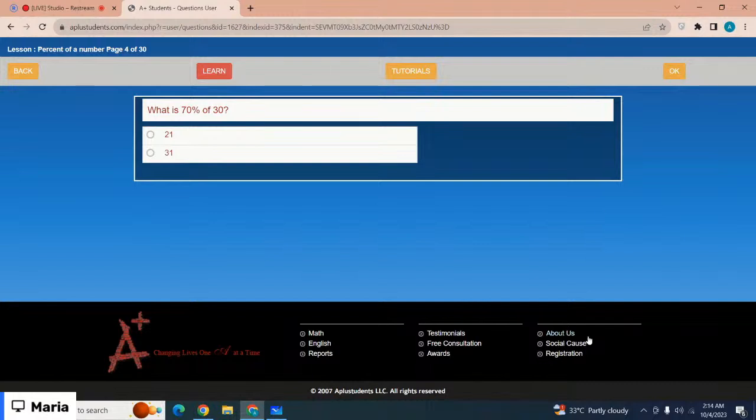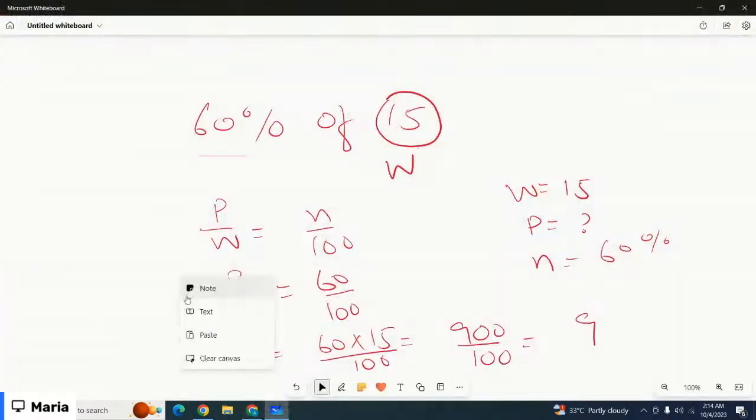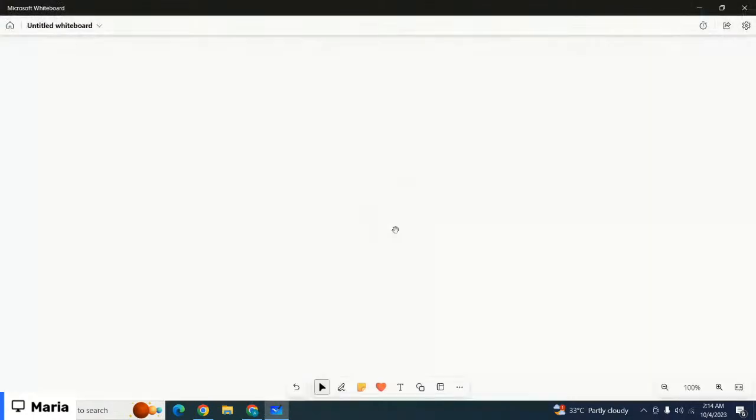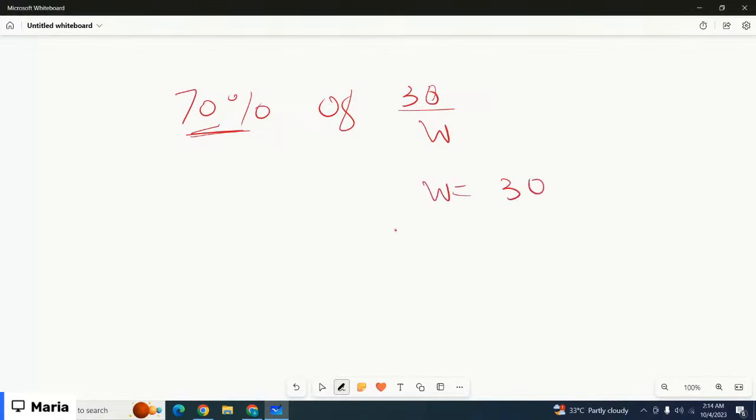The next one is, what is 70% of 30? You have to calculate 70% of 30, right? So the 30 is whole. You have to calculate the part of 30. How much part? 70% part, right? So you need to form a proportion, that would be part over whole equals n over 100.